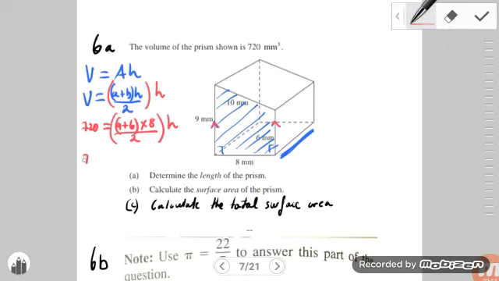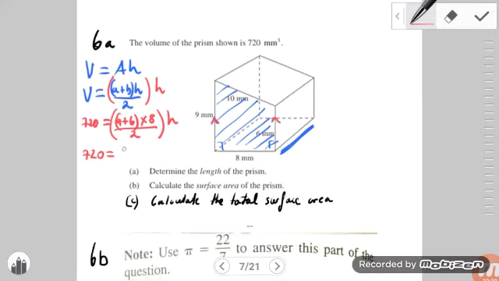So let's do some math here. That's 720, and that's going to be equal to 9 plus 6 is 15. 15 times 8, that's 120. Let's confirm that. 15 times 8 is 120. So inside the bracket here, 9 plus 6 is 15, 15 times 8 is 120, and 120 divided by 2 is 60. So this is 60 each.